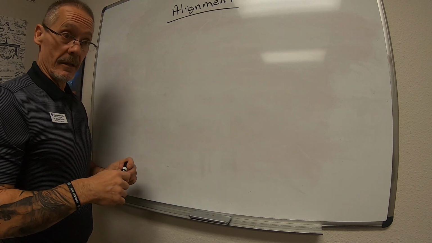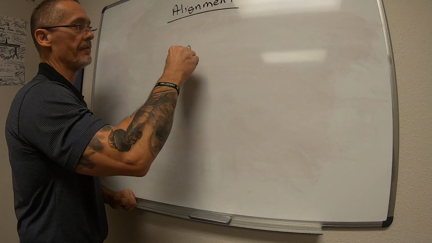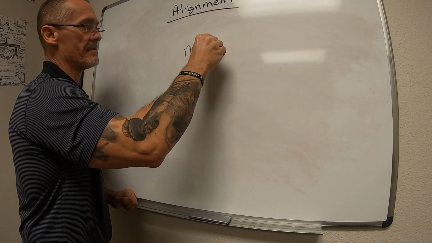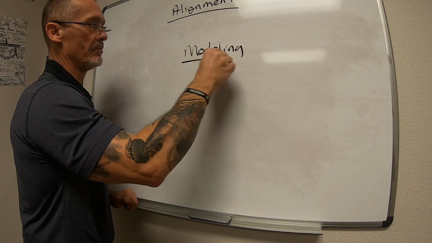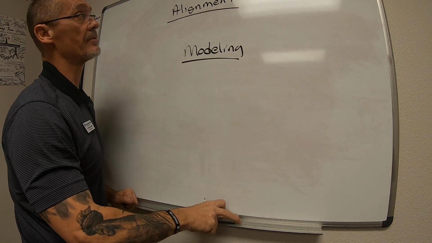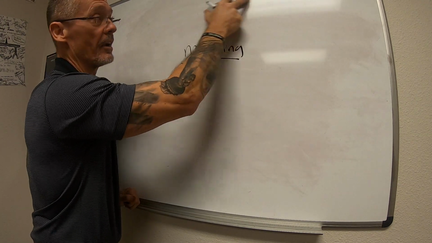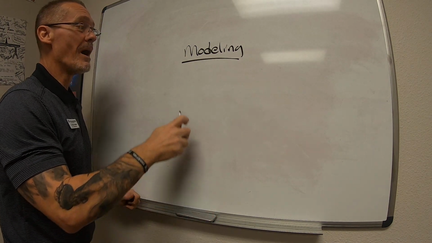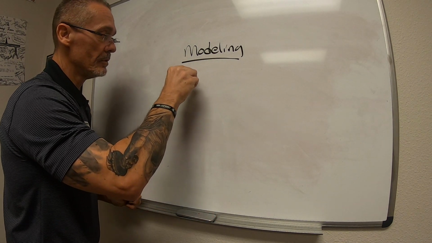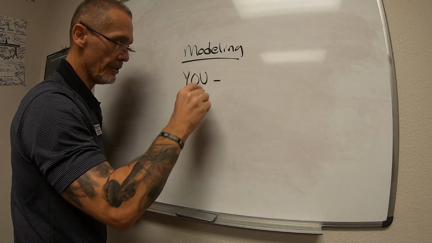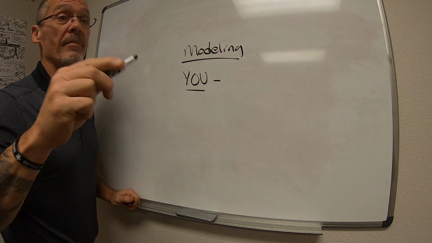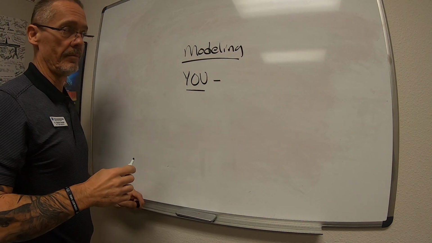Let's talk about modeling, because that's an often misinterpreted piece that I see in lesson plans constantly. Actually, it's very, very common. Okay? Modeling is what you are doing to show them the outcome that you want to see.